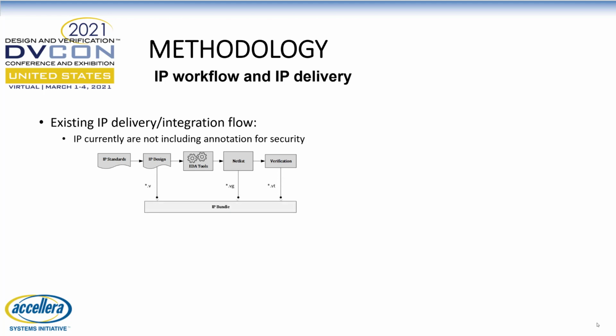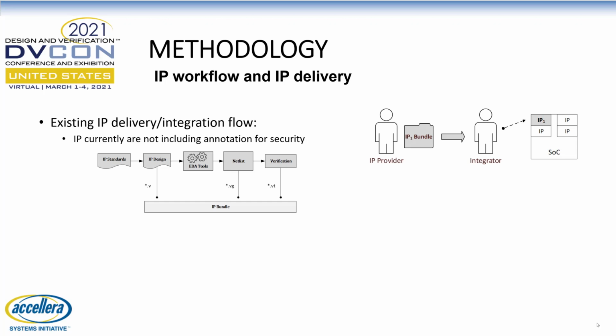Whatever goes into the IP bundle that is delivered to the customer might be the RTL design, specific synthesis, place and route scripts and constraints, and sometimes also verification collaterals such as test bench and basic tests. The bundle gets sent to the customer, and the integrator is left with little or no understanding of what security has been put into the IP and what the security risks are.